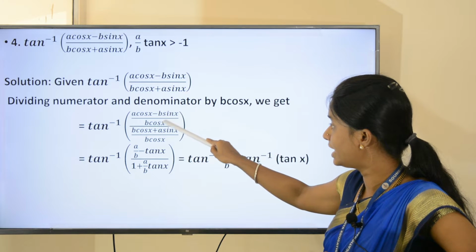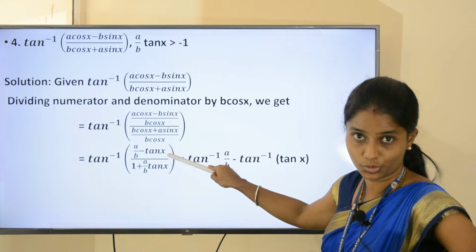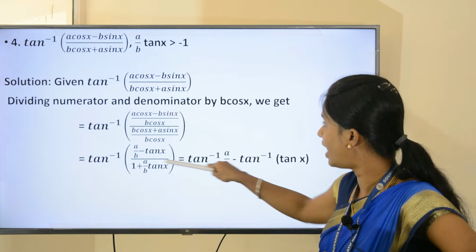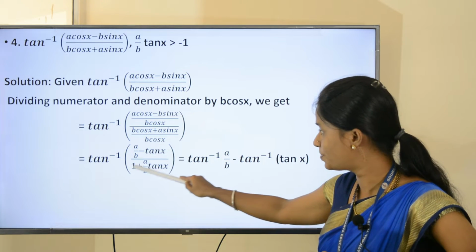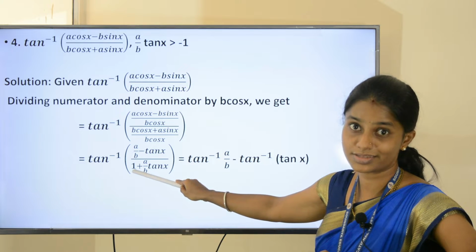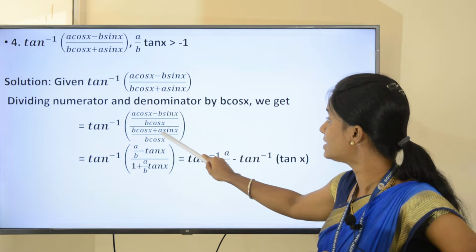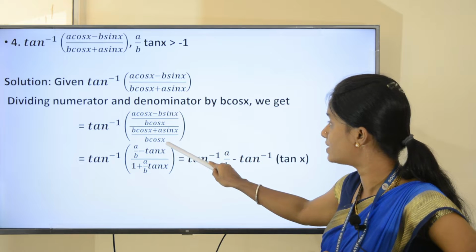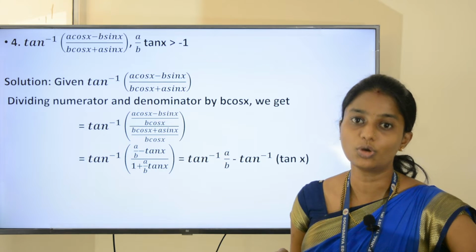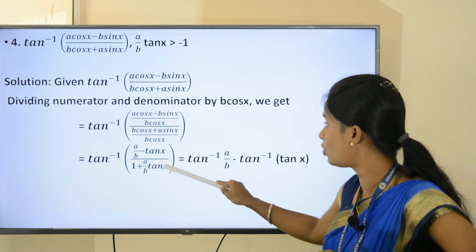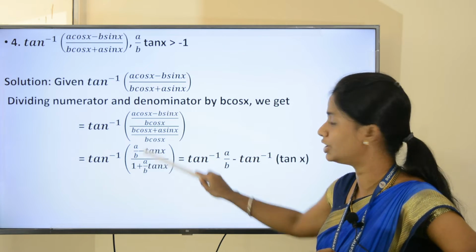Remaining will be sin x by cos x, which is equal to tan x, whole divided by b cos x divided by b cos x. Both terms will get cancelled. Remaining is 1 plus a sin x divided by b cos x, a by b into sin x divided by cos x, which is equal to tan x. Students, please observe this; I have to convert now.